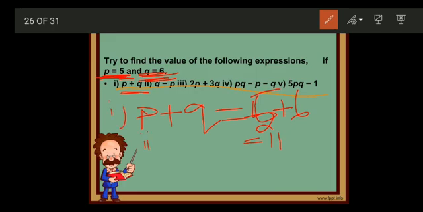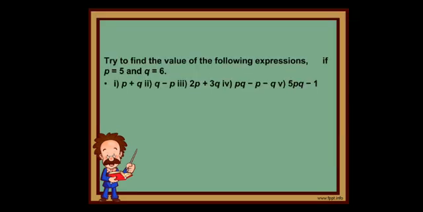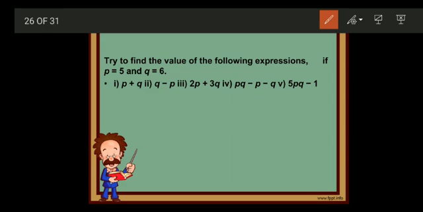For the second one, q minus p. What is the value of q? 6. 6 minus, what is the value of p? 5. 6 minus 5 is equal to 1. For the third one, 2p plus 3q.